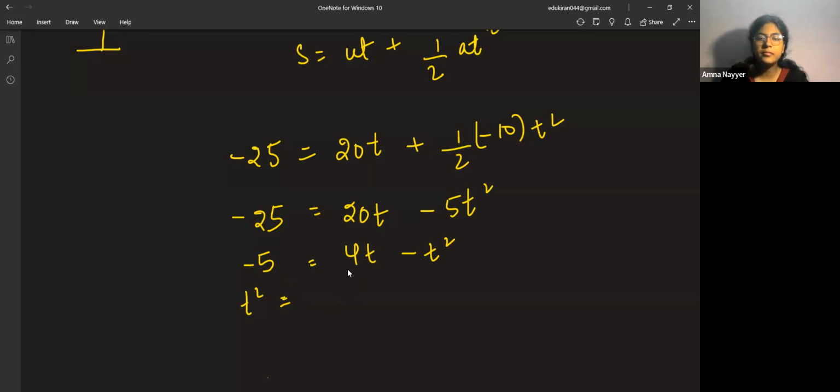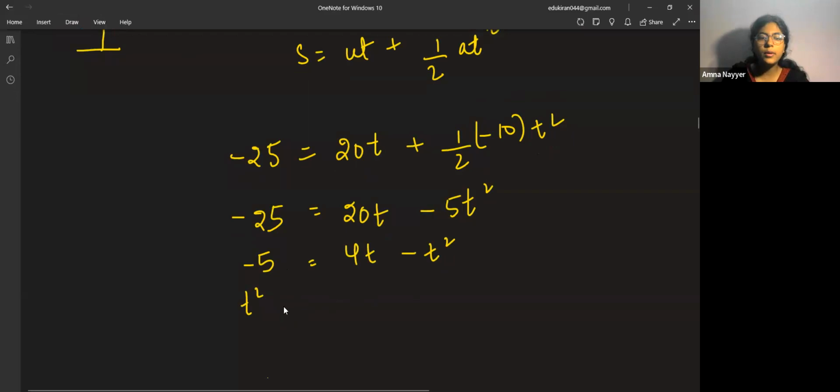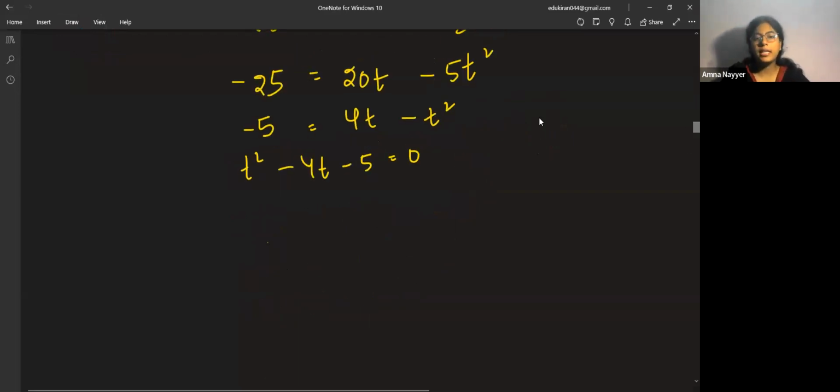So let me bring this term over. So T square minus 4T minus 5 is equal to 0. Now if you split the middle term, T square, this becomes T, take common from here, or write it first, minus 5T plus T minus 5 is equal to 0.